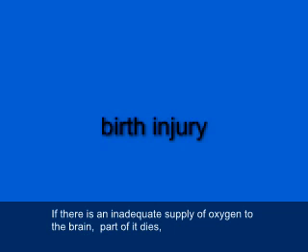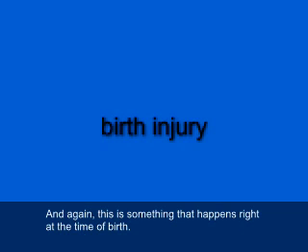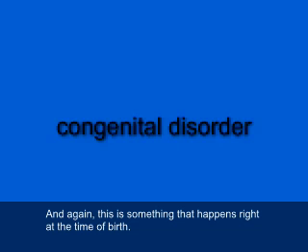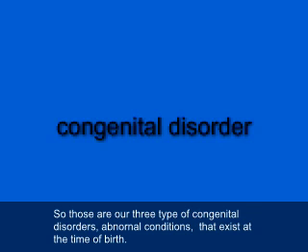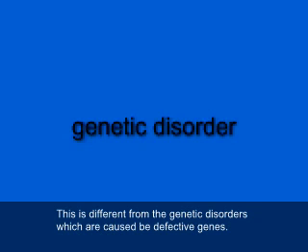If there's an inadequate supply of oxygen to the brain, part of it dies, and the child is going to show some types of neuromuscular disorders because of the brain injury. And again, this is something that happens right at the time of birth. So those are our three types of congenital disorders, abnormal conditions that exist at the time of birth. This is different from the genetic disorders, which are caused by defective genes.